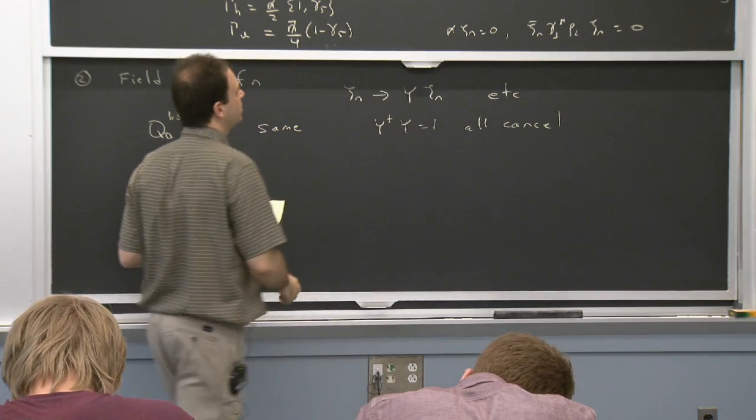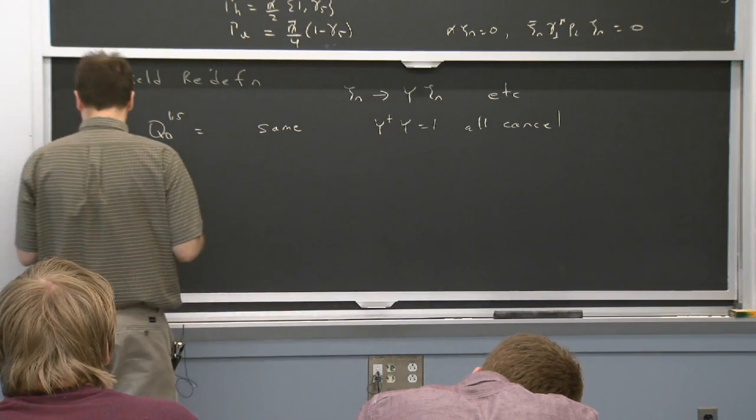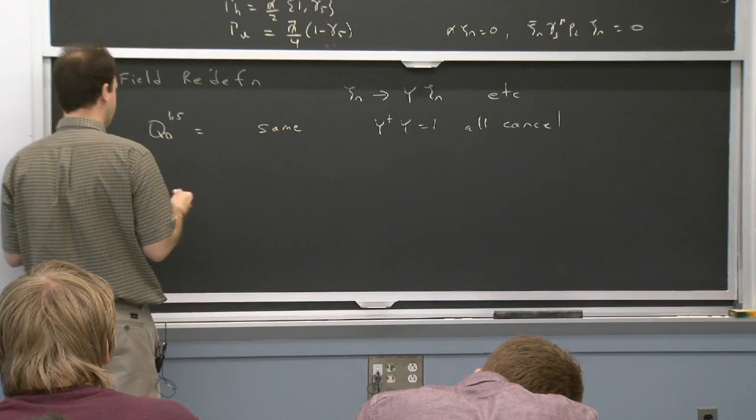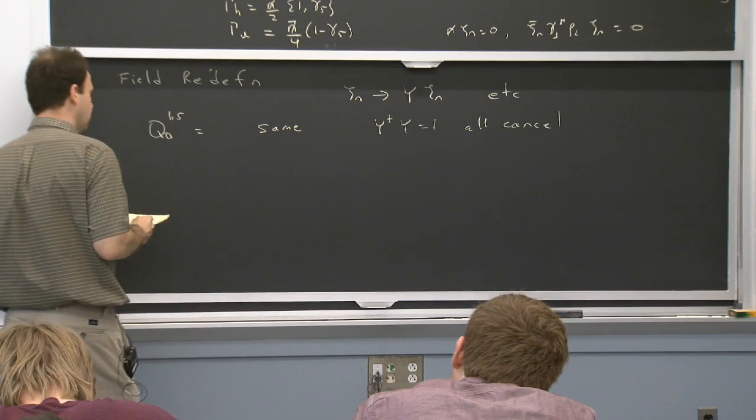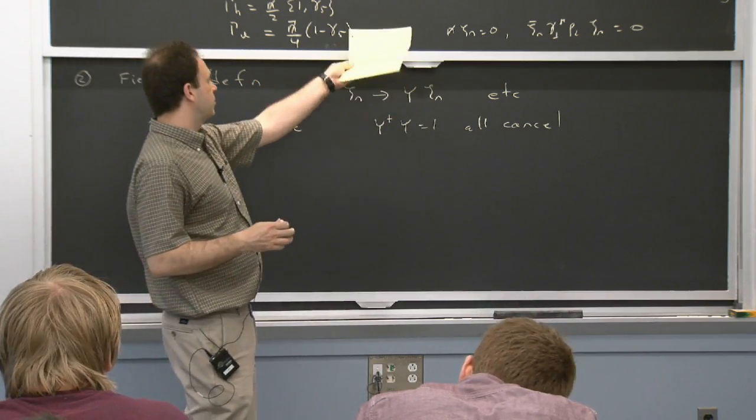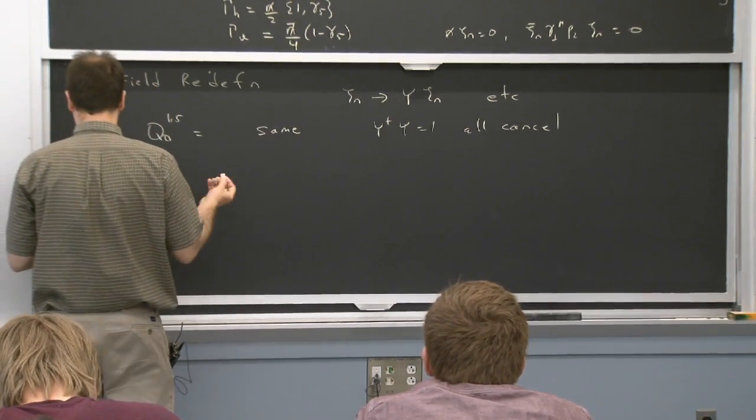In the octet guy, it's not quite that way because in that case, we do have the Wilson lines getting trapped by the TA. So let me write out that case.